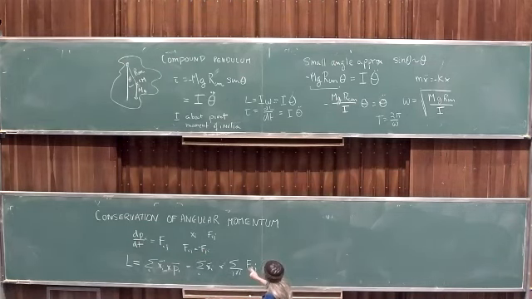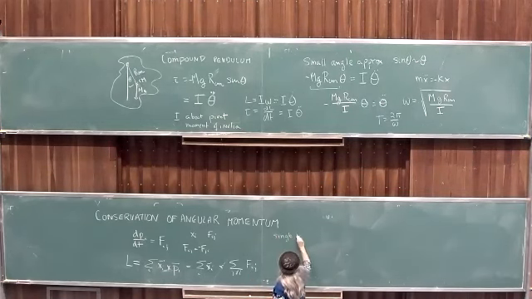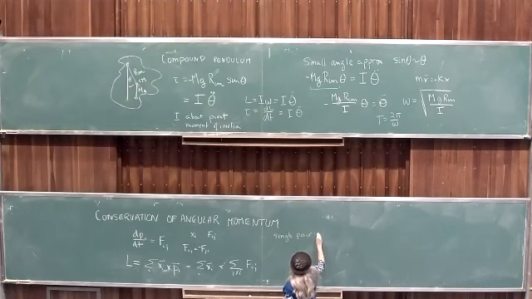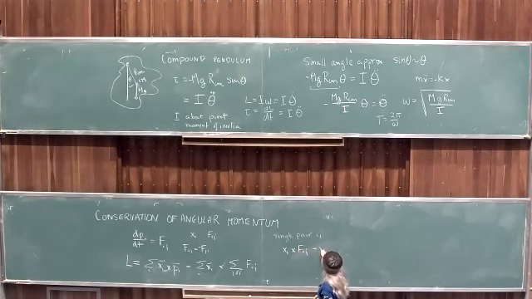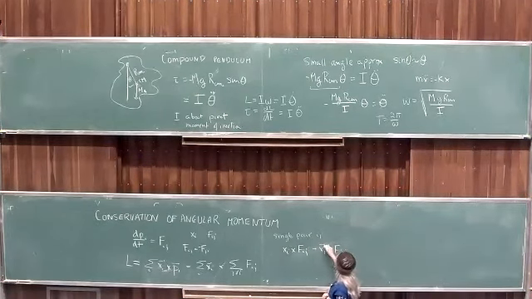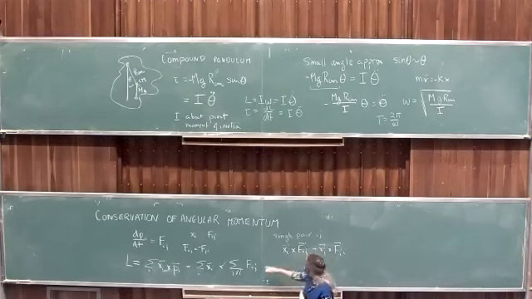So let's look at a single pair, ij. So we have xi cross Fij plus xj cross Fji. And so this is a single pair of terms in this.